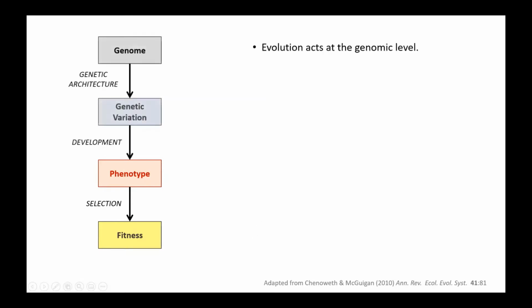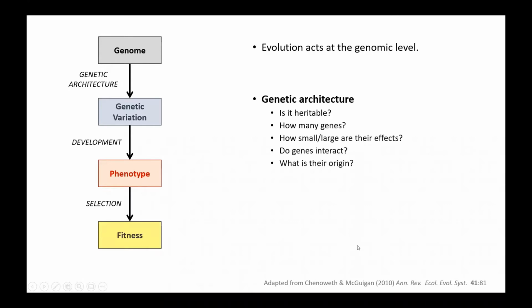However, in evolutionary terms, we're ultimately interested in what's happening at the level of the genome. And in order to do so, it's important to understand the genetic architecture of traits that contributes to the genetic variation that we have in populations, how this is manifest in phenotypic variation, and ultimately how this is associated with fitness. So what do I mean by the genetic architecture of traits?